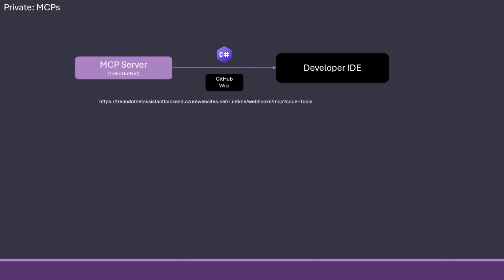The final few things I have is my private MCPs. I have a similar setup to what I just showed for the work part, in that I have a NuGet package called Trello.net, which is an API for the Trello Kanban boards. And there I grab the wiki data that I have documented and the C# code and turn it into a MCP server that is running up in Microsoft Azure on Azure Functions.